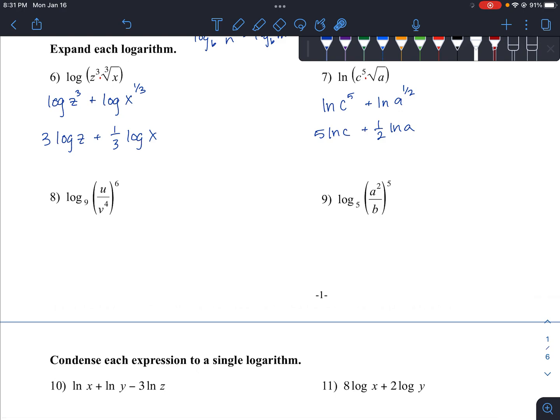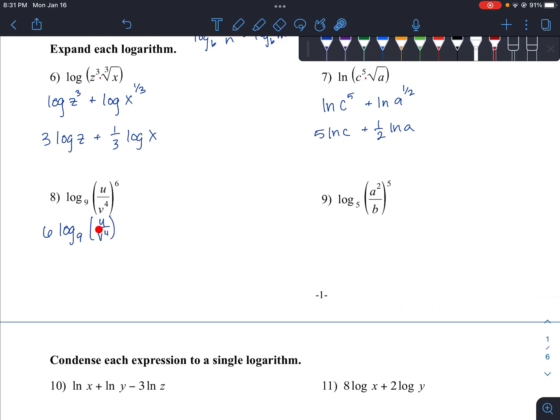For 8, in this case it would be appropriate to drop the power first, because the quotient is inside these parentheses and the power is of the quotient. So we're going to drop that 6 first. So it's going to be 6 log base 9 of u divided by v to the 4th.